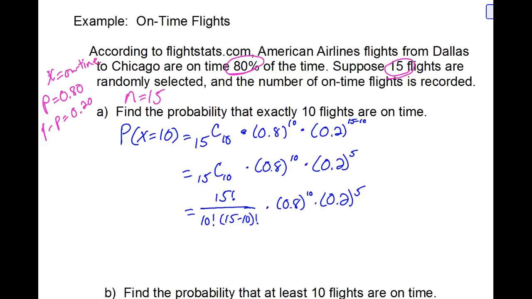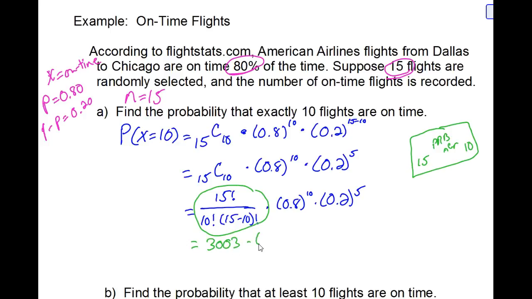If you use 15, PRB, and scroll over until you see the nCr and then do 10, this right here will give you the number that replaces this, which is 3003, times 0.8 to the 10th power times 0.2 to the 5th power, and we multiply that out and we get 0.1032.